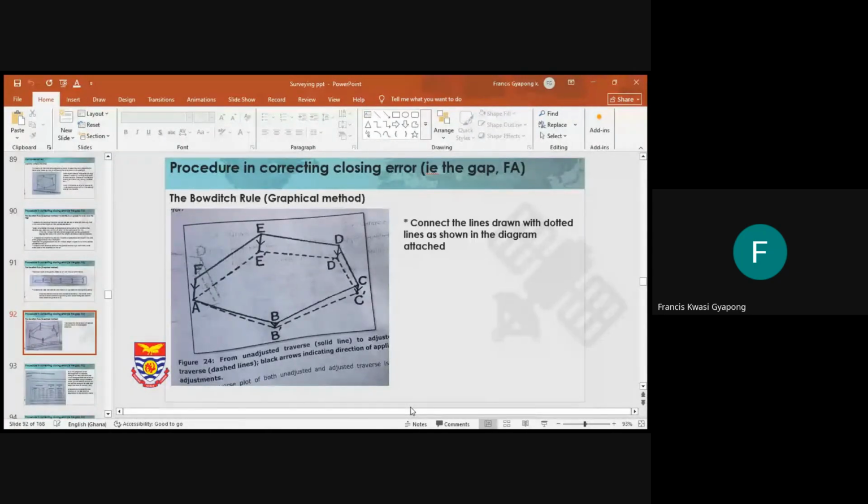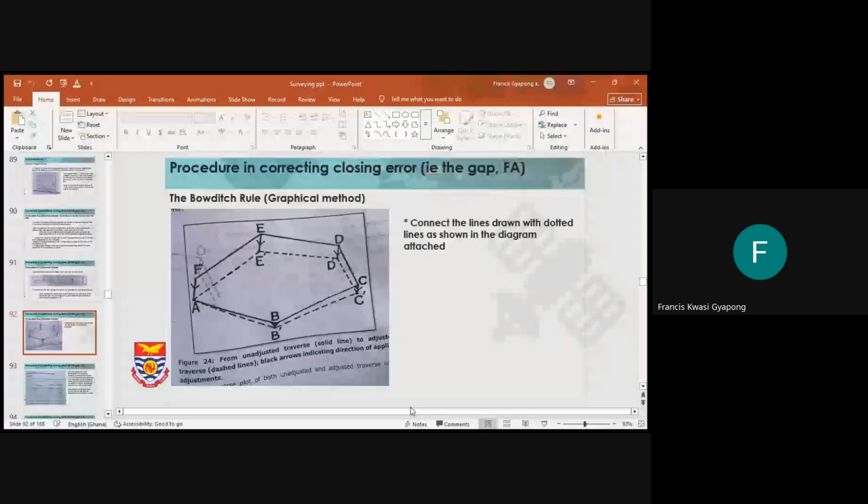So this is how the distribution will go. Start from A, the diagram on your screen. From A, you go to B. I mean B, not B prime. Then you go to C, the solid line. That is the original plotting. So this plotting should have ended at A, but it ended at F. You got it?